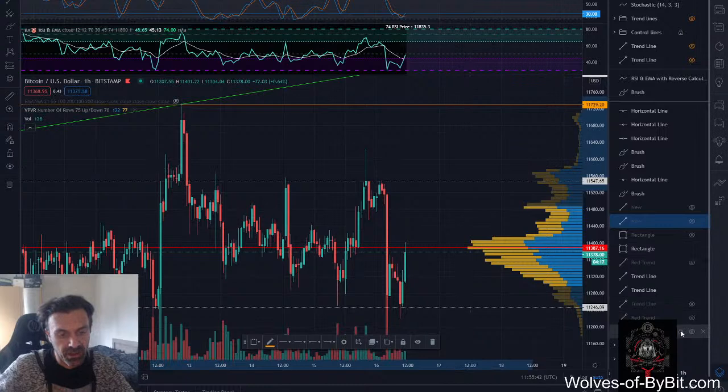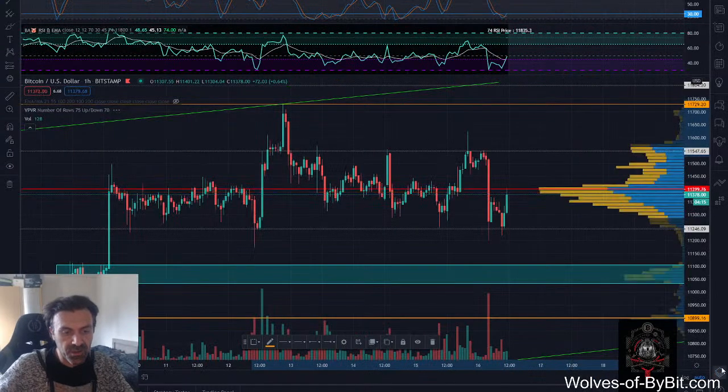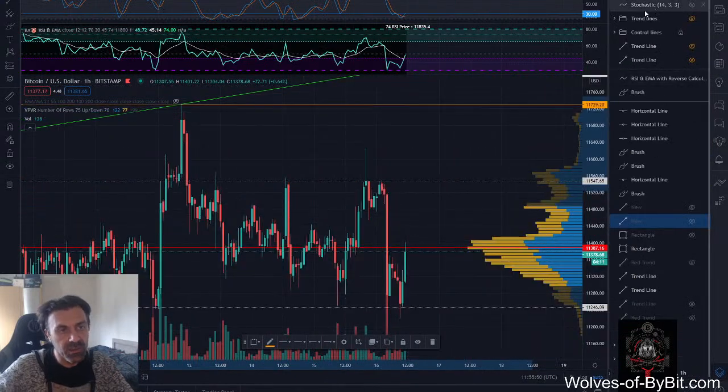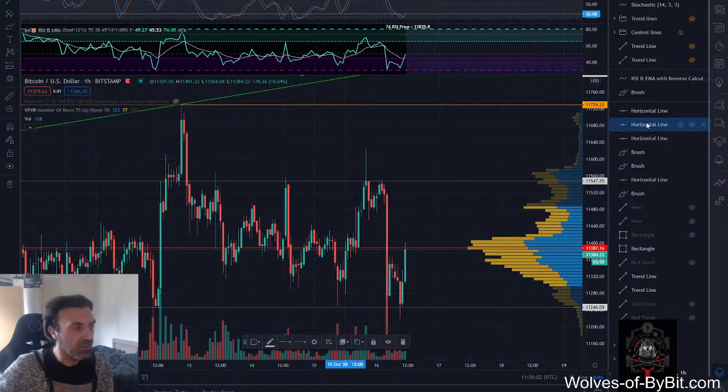You can hit this little icon here. This is the object tree, and this is where you have all your trend lines, so you can find them easily, and you can make them visible or invisible, if you don't know exactly which one you have selected.